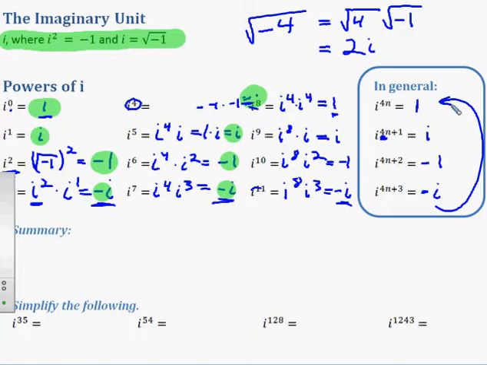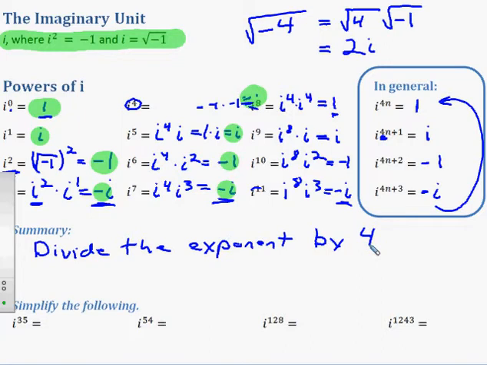That's all you'll ever get for a power of I. So what we're going to do is divide the exponent by 4. The remainder is going to tell us what we'll have. So if the remainder is 0, that means it's going to be equal to 1.